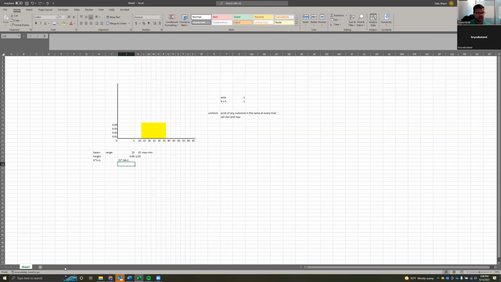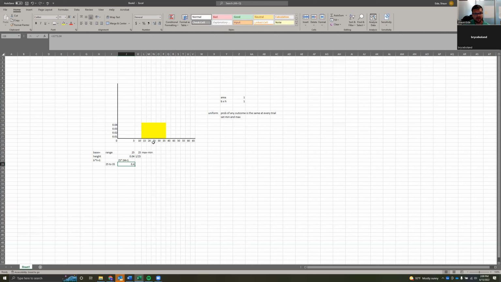So I've got the new base, which is 10, for $25 to $35. So now we've got 10 multiplied by 0.04, and the probability is 40%. And so that's 25 to $35. What is the probability of having between $25 to $35? That's going to be 40%.